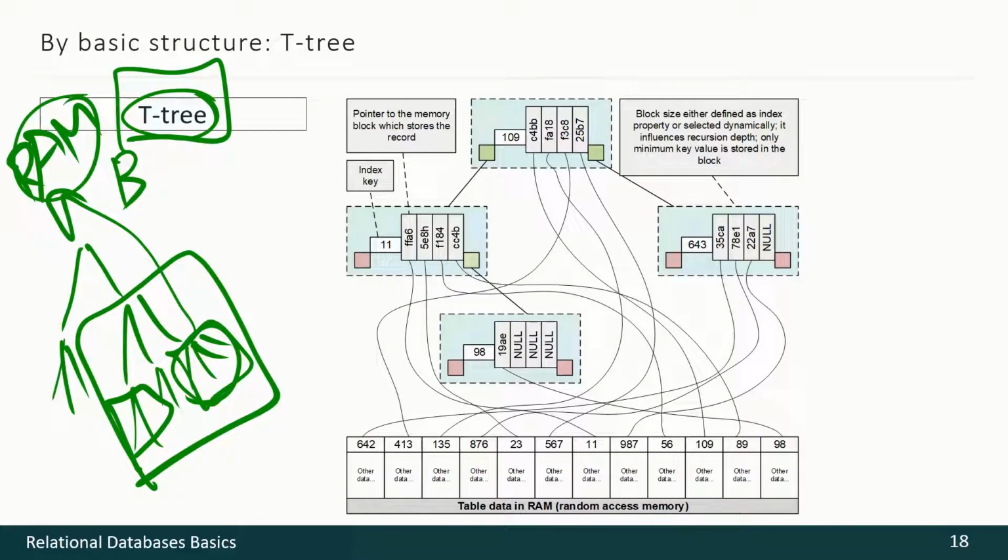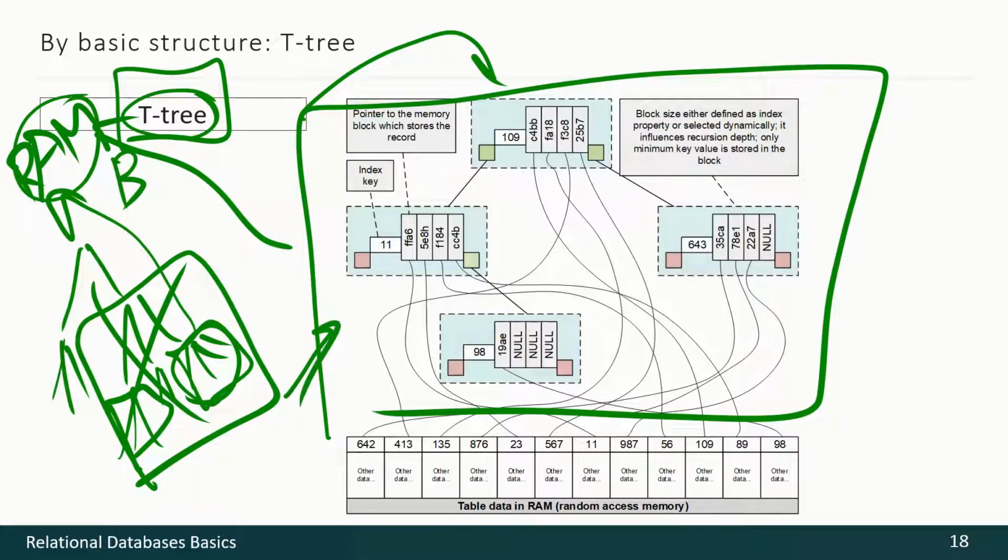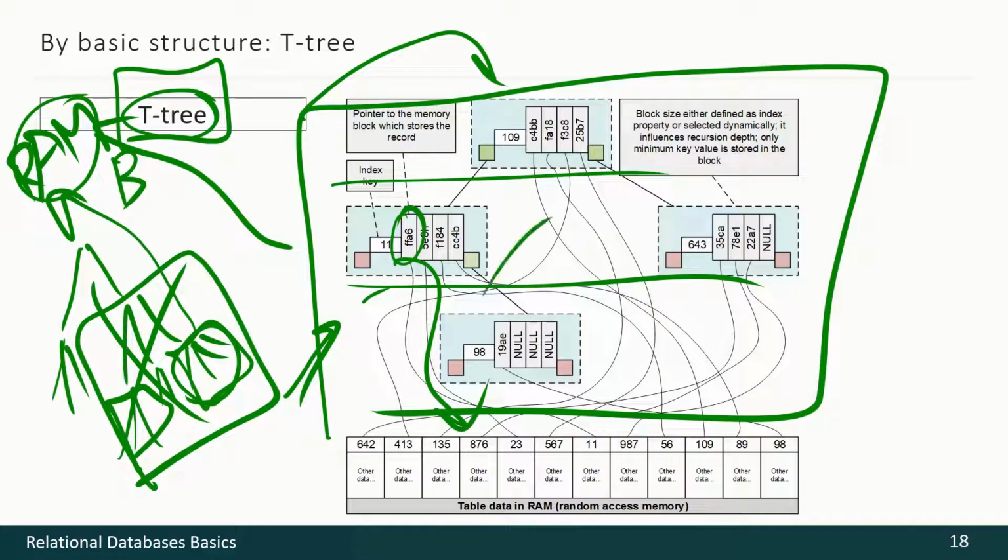With T-tree, we suppose that the whole tree is stored in RAM, not by blocks, but the whole. So the inner structure is somehow different, but the main idea is the same. We have some multi-level index with some byte offsets, and we can use that index to find the data quickly.